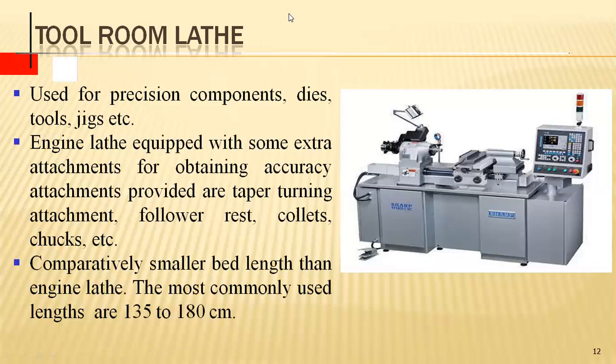Moreover, this lathe machine can be utilized for getting high precision dimensions. This is the speciality of the tool room lathe machine when compared with the engine lathe machine, which is operated with different fluctuations or varying speeds.